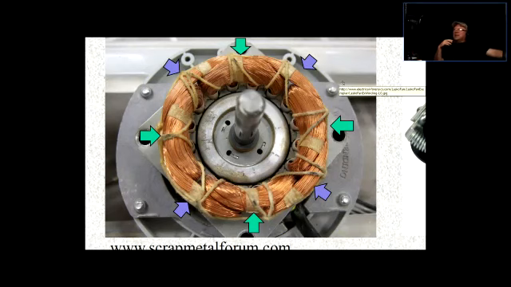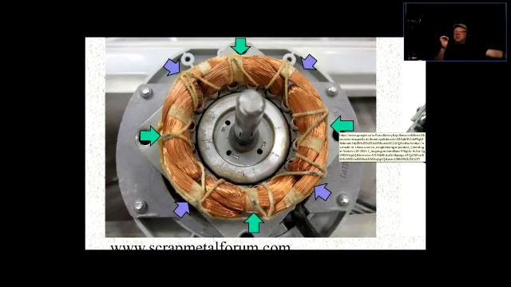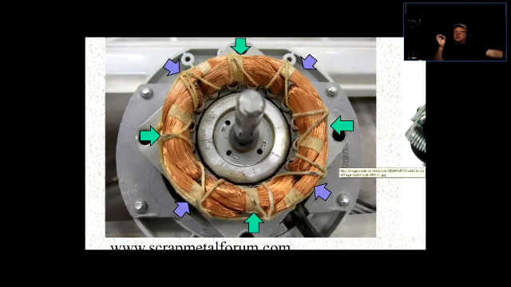Now, because we have a capacitor in series with the auxiliary windings, what's happening? When we talked about the impedance, we're going to shift the voltage or the current, let's say, 90 degrees out of phase. Well, now we're doing something.